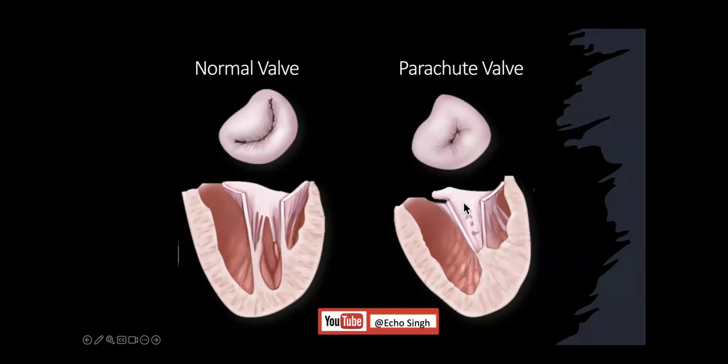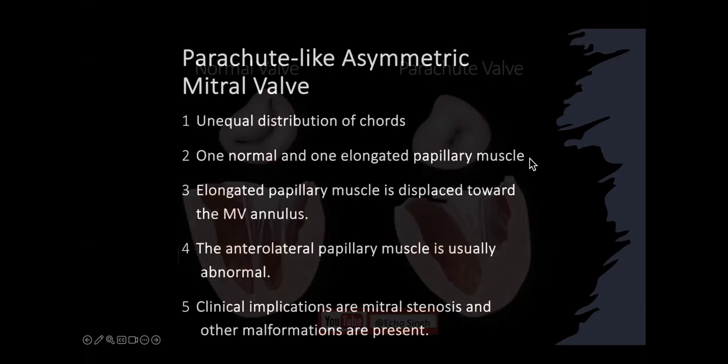Next, I'm going to show you the parachute mitral valve. In a normal valve, you have two papillary muscles. Both the leaflets, anterior and posterior, go to both papillary muscles. But when the anterior and posterior leaflets go to a single papillary muscle, that is the hallmark of the diagnosis of a parachute valve.